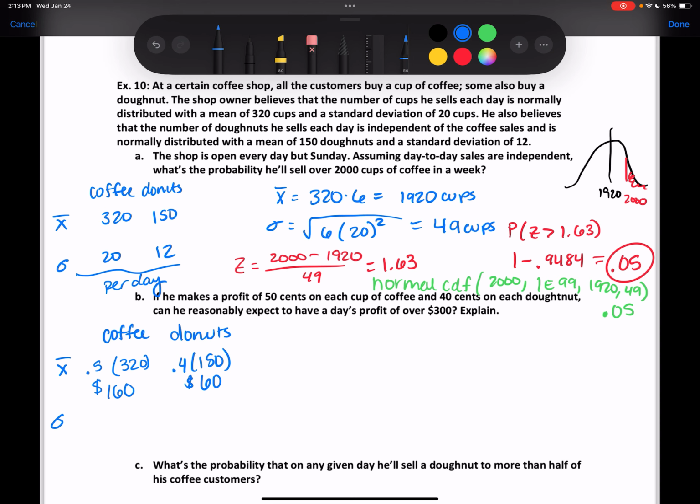Because we can multiply, we just can't add. So 0.5 times 20 would be $10. 0.4 times 12 is 4.8. Oh, I was wrong, $4.80. I was guessing.